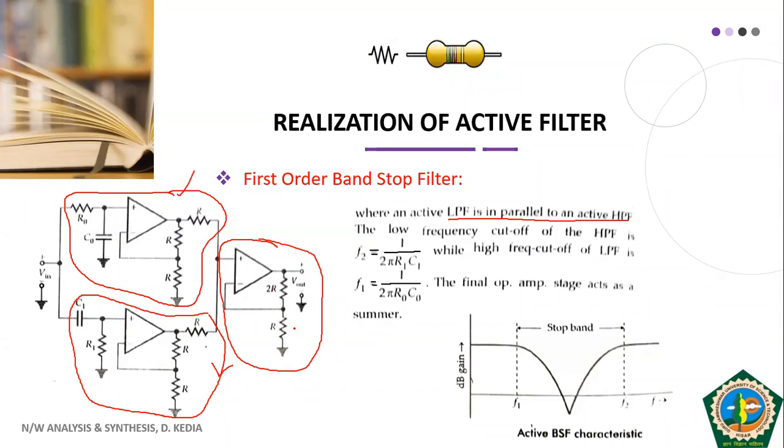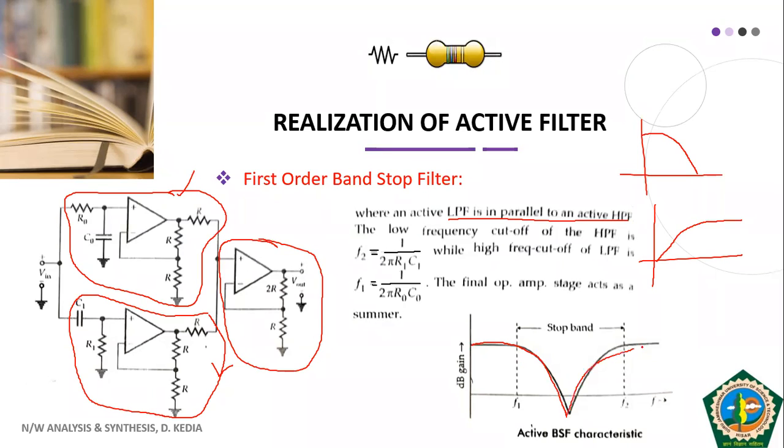So if we add the two responses, we know that our low pass filter looks like this. Our high pass filter looks like this. Fine. So if we add the two, we will get something of this kind.